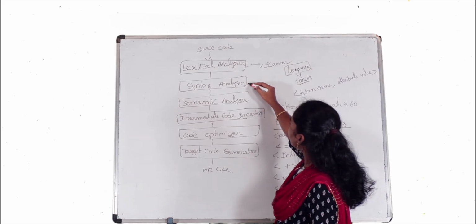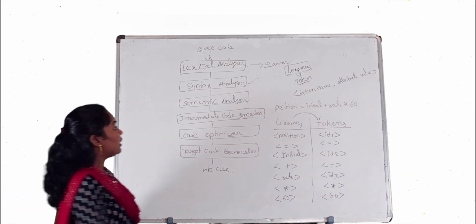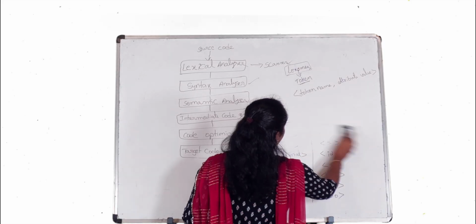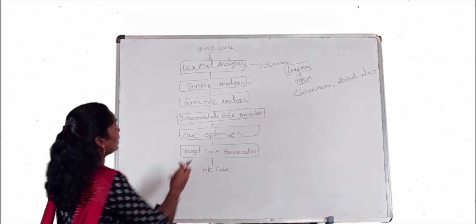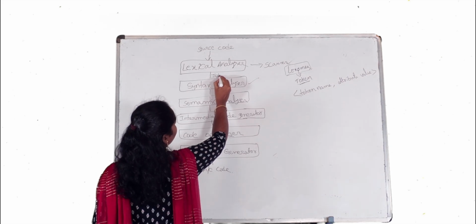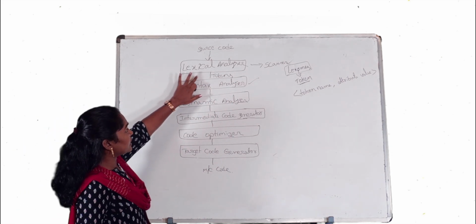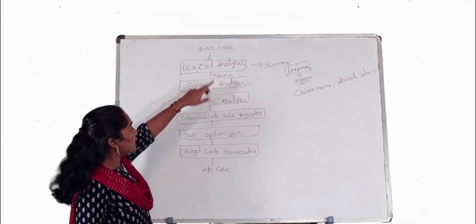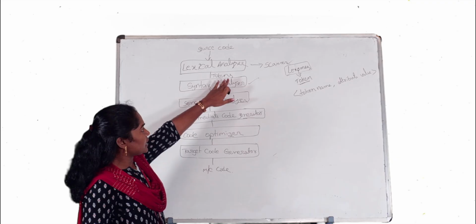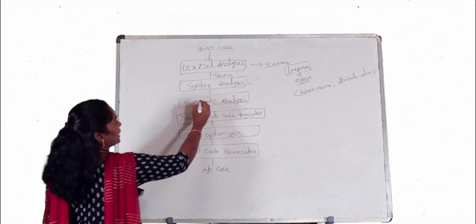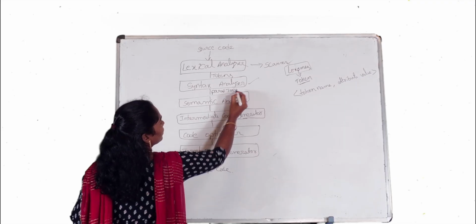Next, coming to the syntax analyzer. The syntax analyzer will take the input from the lexical analyzer. Whatever tokens the lexical analyzer generates as output are the input for the syntax analyzer. The syntax analyzer takes the tokens as input and generates a parse tree as output.